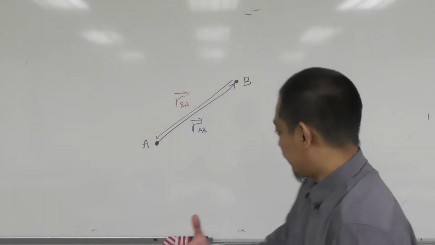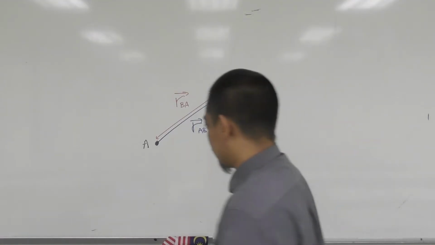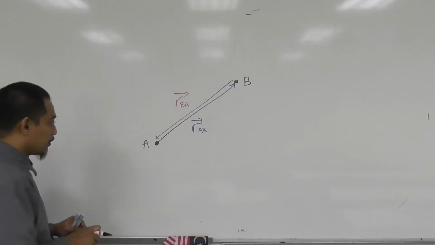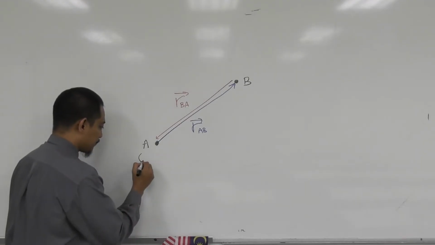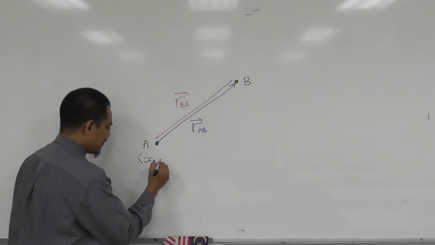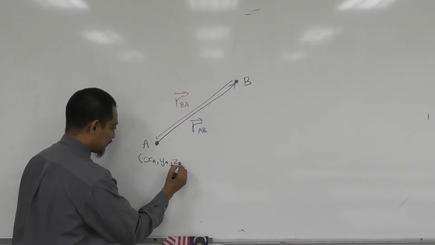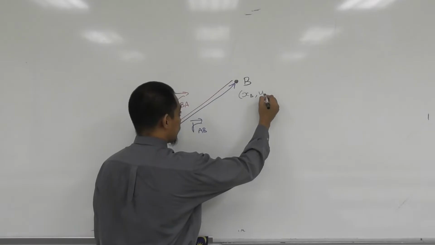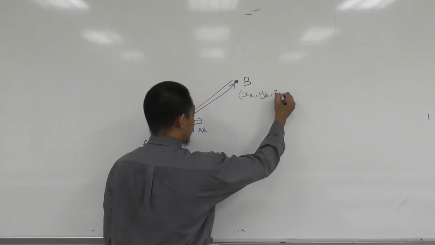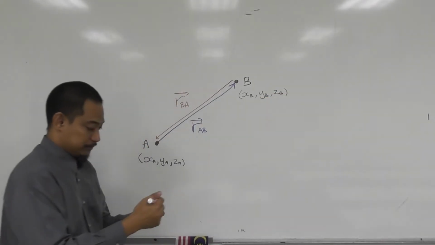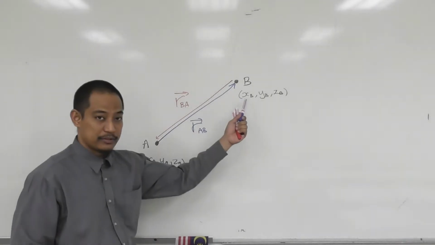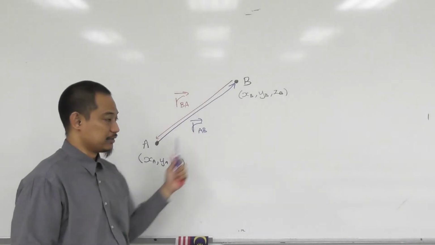Now, how to get this vector is basically just, if you have the coordinates, for example XA, YA, ZA and XB, YB, ZB, the position vector is just the final point minus the original point.